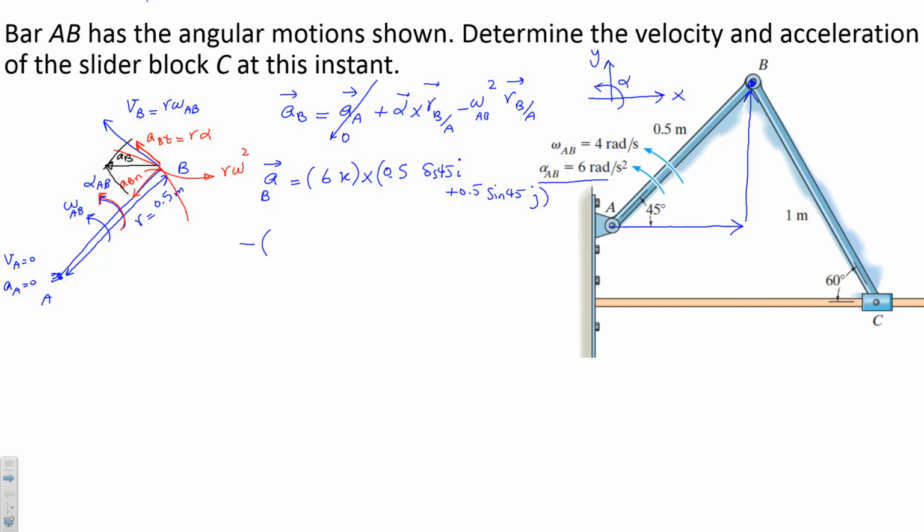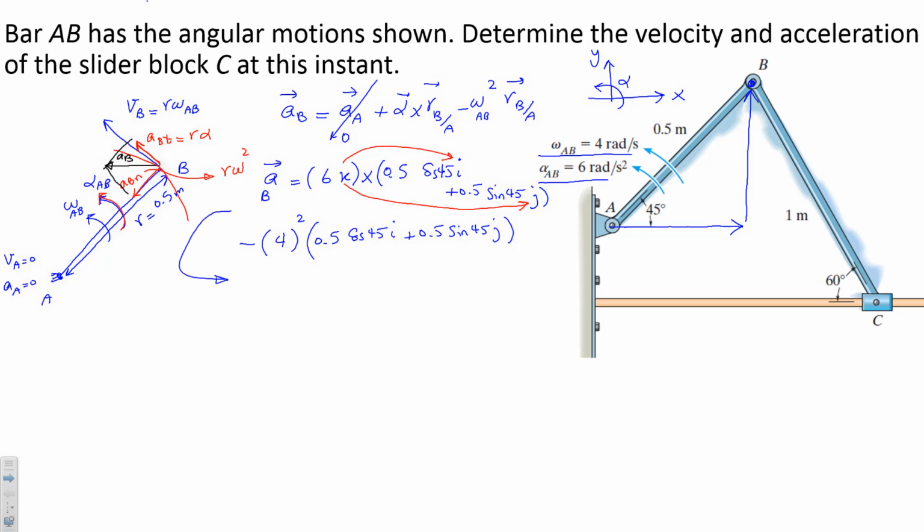Minus omega AB square. Omega AB is 4 radian per second. So 4 square times r B slash A, 0.5 cosine 45 i plus 0.5 sine 45 j. Please remember that this one is a cross product, so you need to find the cross product of these unit vectors.